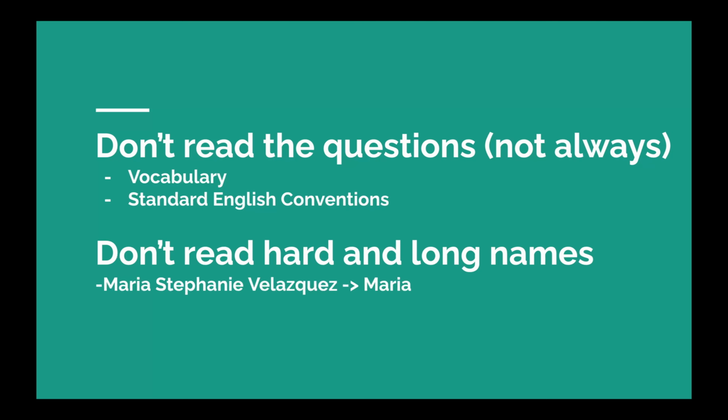And that goes for everything else, not just names. There are hard and long phrases which are very hard to pronounce for international students like me. So just read the first term, like instead of Maria Stefani something, I just read Maria. If there is a name of a building and it's very, very long, just read the first part of the name. It's not going to change anything. It's not going to make you answer that question incorrectly. So that's also very important if you want to save time.